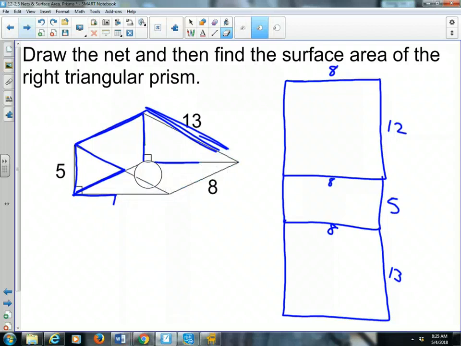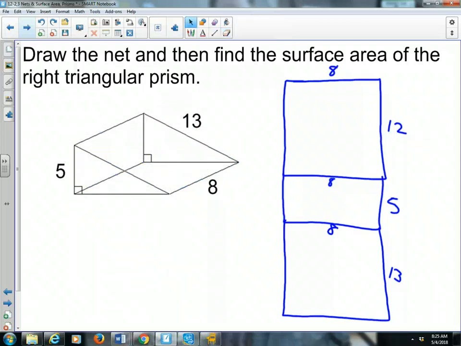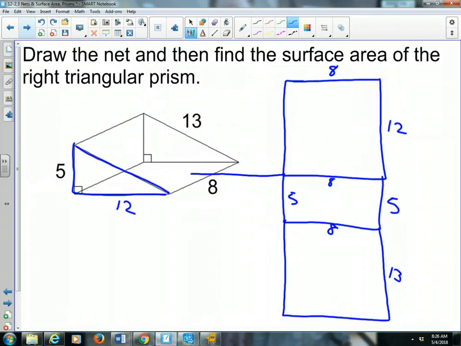And now what I need to do is I need to fold down my triangles. So those are going to be folded down to the side. So the dimensions of the triangle are 5 by 12 as far as the base and the height. So I already have 5 right here. So if I go 12 out this way, because notice how this is 12 high, then when I fold this, 12 right here is going to match up with this 12 right here.